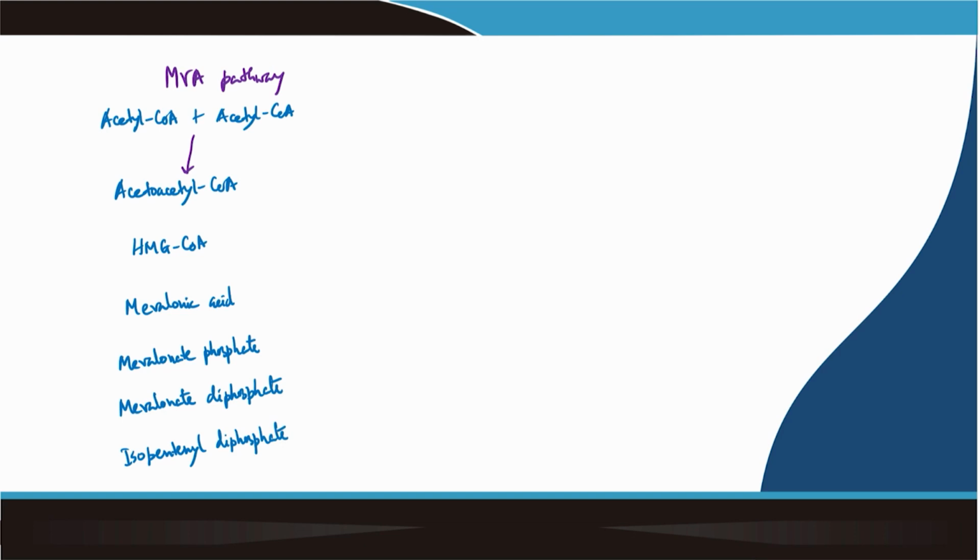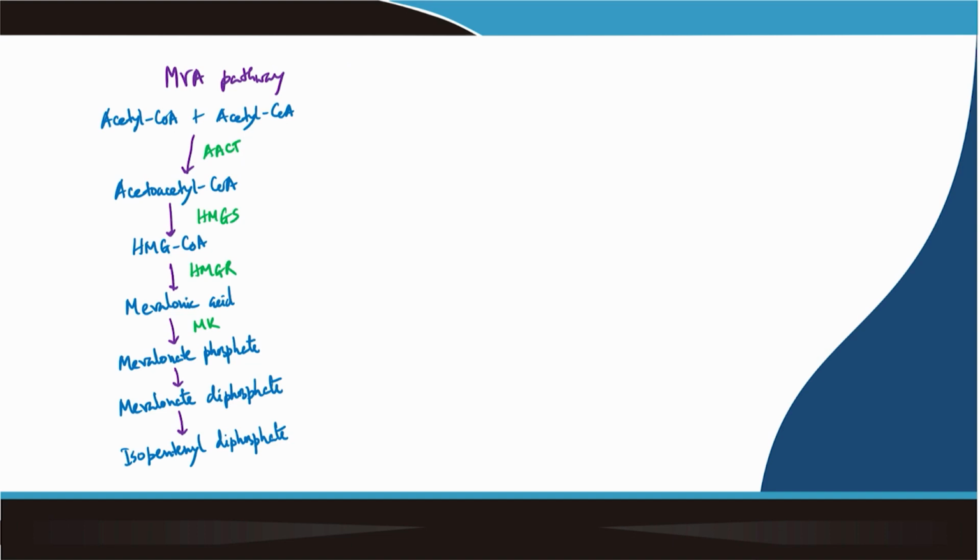So, now let us join this with arrows. And the enzymes responsible are AACT, acetoacetyl CoA synthase, and then HMGS, then HMGR, HMG CoA synthase, HMG CoA reductase, then mevalonate kinase, then subsequent other enzymes.